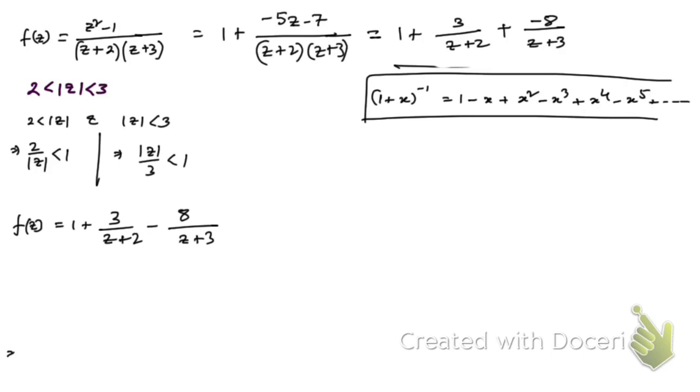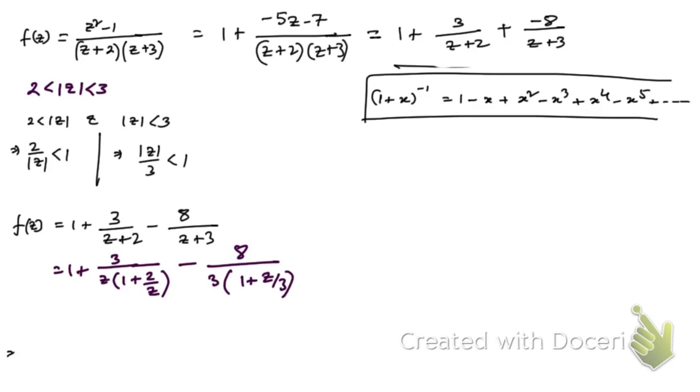So 1 plus 3 by z, z is common, then we get 1 plus 2 by z, right? Similarly, minus 8 by, and from here we need to get z by 3, so we take 3 common, then we get z by 3 plus 1, which can be written this way: 1 plus z by 3, right?